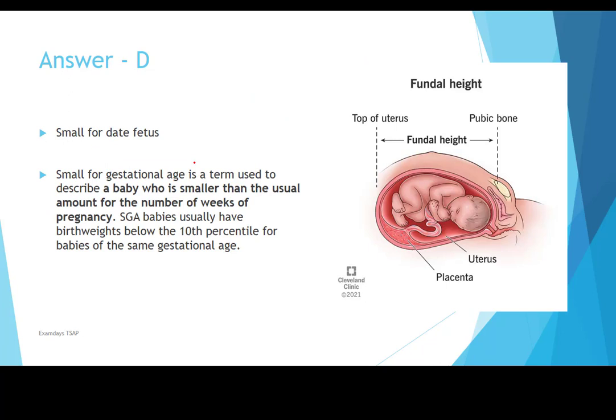As you see in the image, the fundal height is measured from the top of the uterus to the pubic bone. The length of this difference is given here as fundal height.